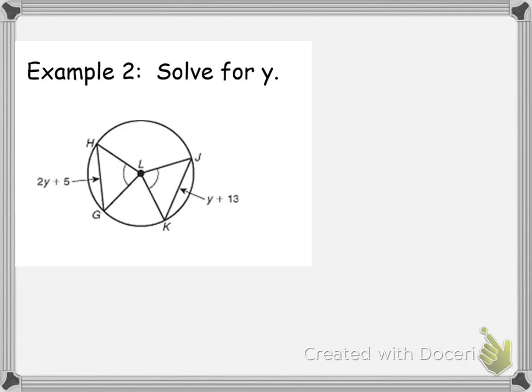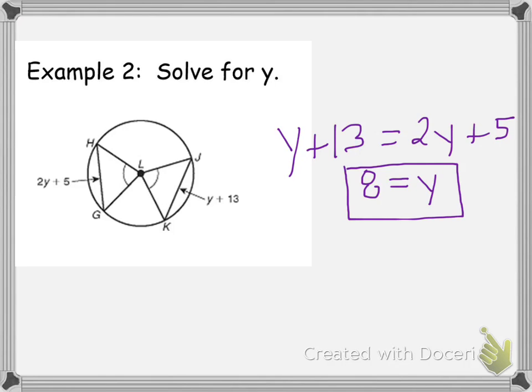Since they're both opposite those two congruent central angles, we know that both of their measurements have to be the same. So if we were looking to solve for y on this question, we could do y plus 13 equals your 2y plus 5. So your solution for this one would be y equals 8.